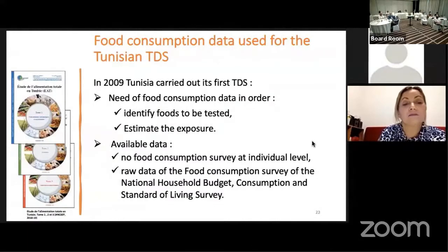In 2009, the National Agency of Sanitary and Environmental Control of Products carried out the first Tunisian total diet study. One of the most important components of this study was the collection of food consumption data needed to identify food to be tested and to estimate the exposure.